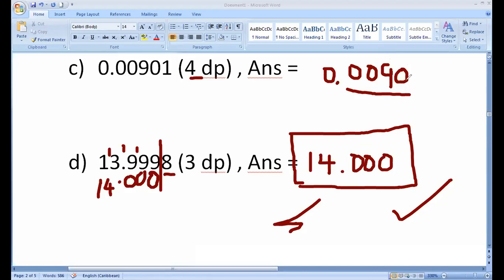Whether or not you write the 0 there doesn't really matter. But to be frank with you, to be consistent, write it.